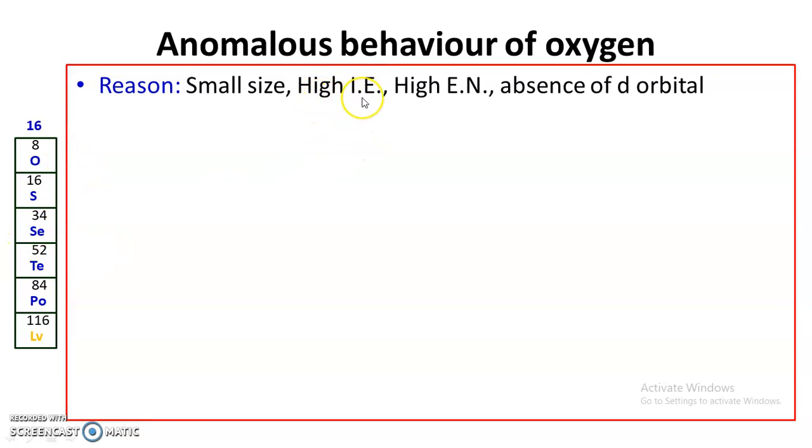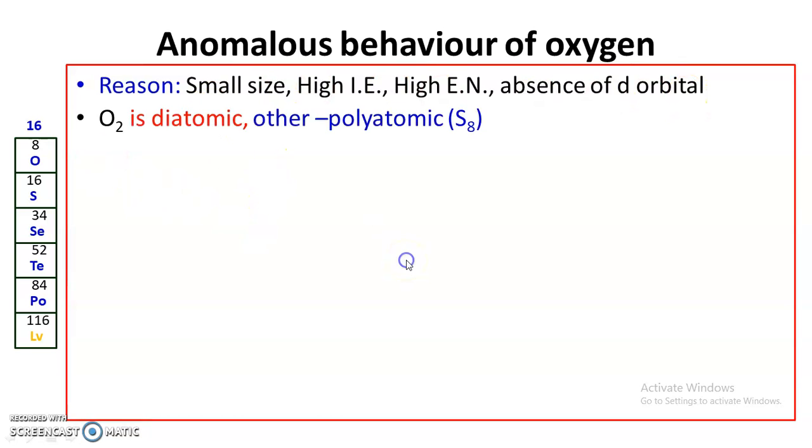Oxygen has high ionization enthalpy. Its electronegativity is also higher than the rest of the elements, and most important, in oxygen d orbitals are absent. These are the reasons for anomalous behavior of oxygen.